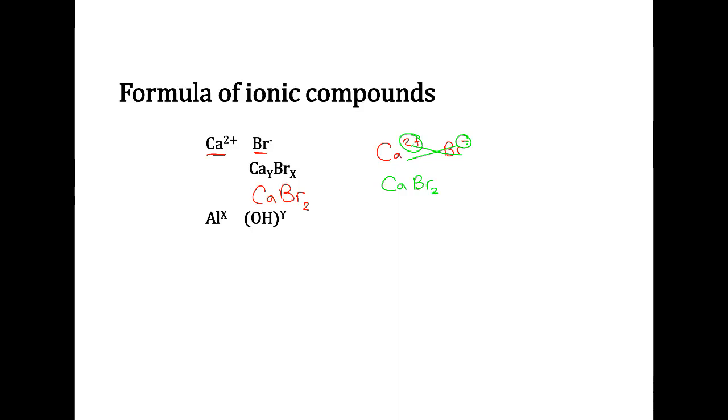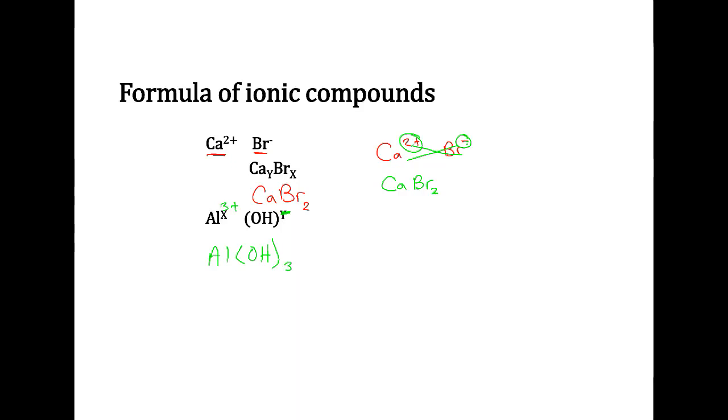If we look on the periodic table, aluminum is in group 13 or group 3A. So aluminum is going to take on a 3+ charge. And I told you that the polyatomic ion hydroxide will have a -1 charge. So we will need 3 hydroxides for every 1 aluminum. But you need to make sure you keep your hydroxide in parentheses and then put the 3 on the outside.